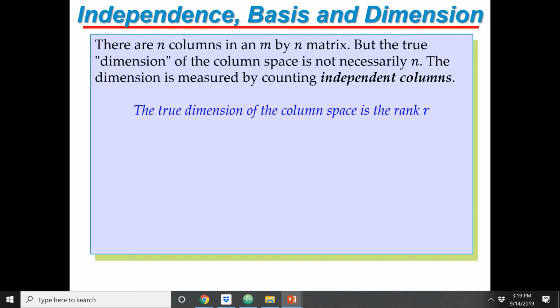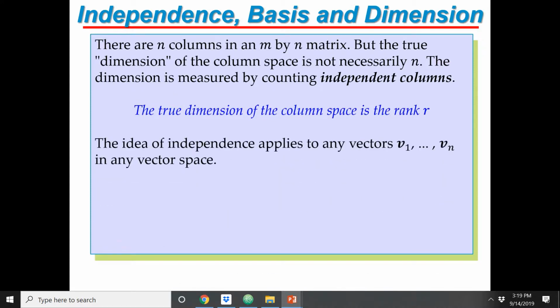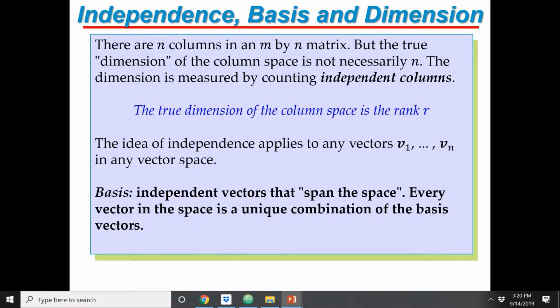Of course, you don't need to refer to a matrix to talk about independence. You can think of any vectors in any vector space and talk about the independence of these vectors. So independent vectors span the space, and they are the minimum set of vectors that can generate a given space.